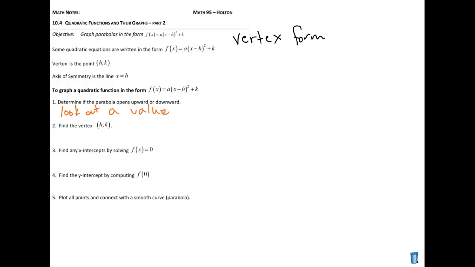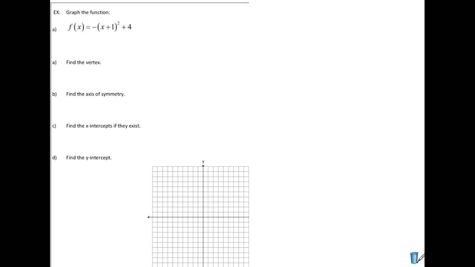Then you're going to find your vertex, h and k. You're going to look for any x-intercepts by setting it equal to 0 and solving. Then look for any y-intercepts by plugging in 0 for your x value. And then finally, we connect all the points using a smooth curve, and that's our parabola. So let's give it a roll and see what happens here.